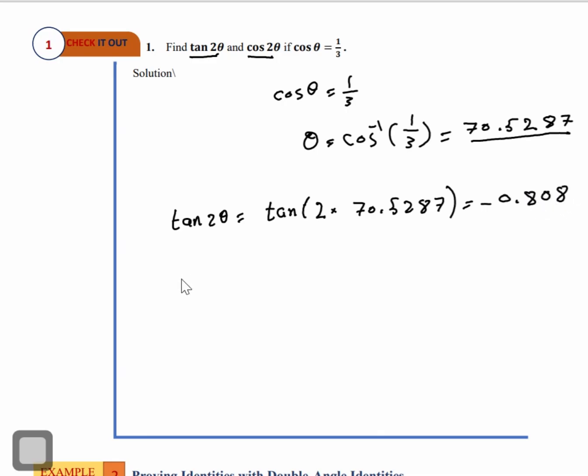And for cosine 2 theta, it equals cosine of 2 multiplied by theta, which is 70.5287, and that equals negative 0.77.